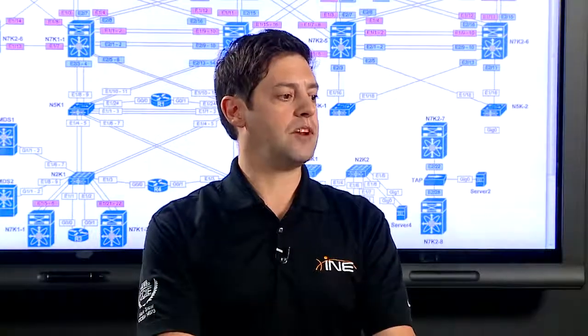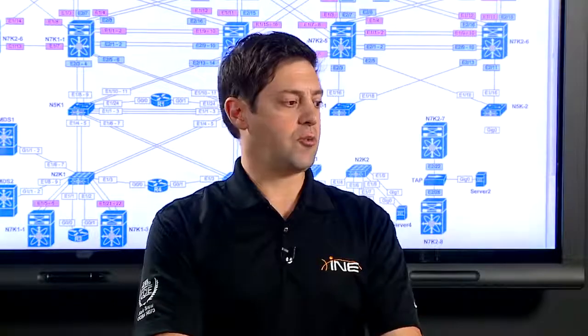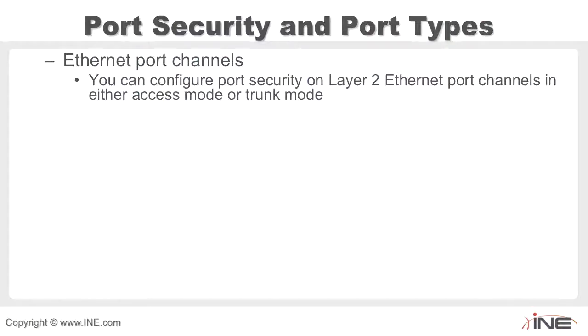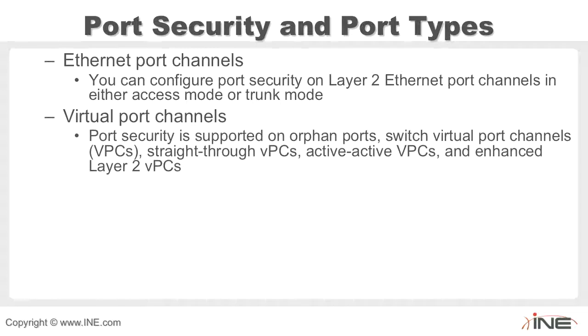Taking a look at some of the different port types, we have Ethernet port channels we can configure port security on as well, in either access or trunked mode. Virtual port channels, so our vPC: we can configure port security on orphan ports, switch virtual ports, straight-through vPCs, active-active vPCs, as well as enhanced vPCs, active-active being that back-to-back.